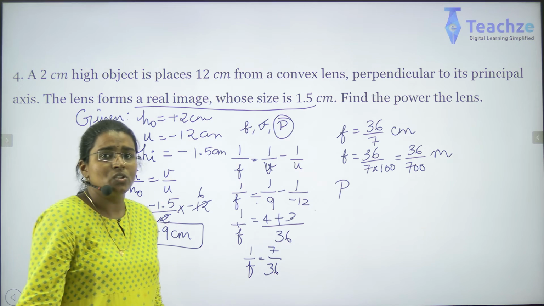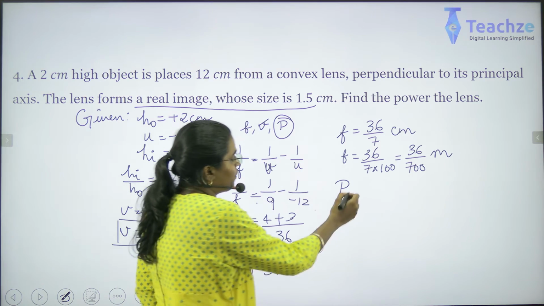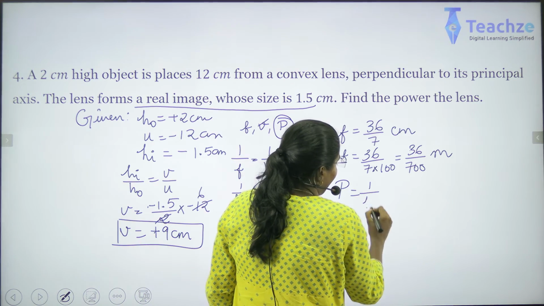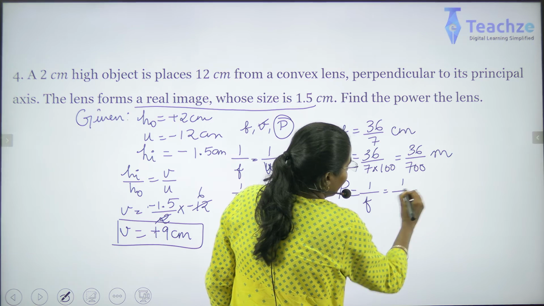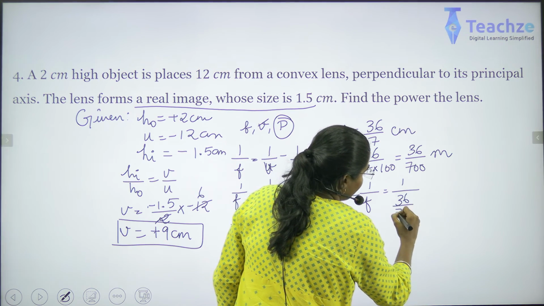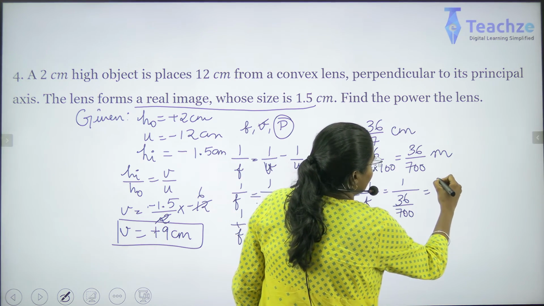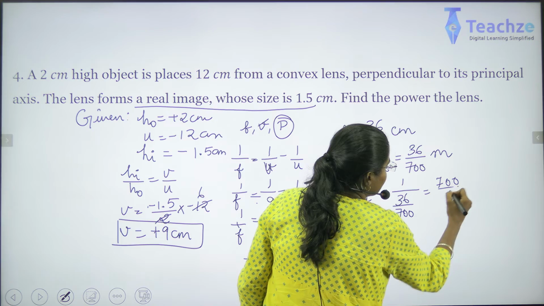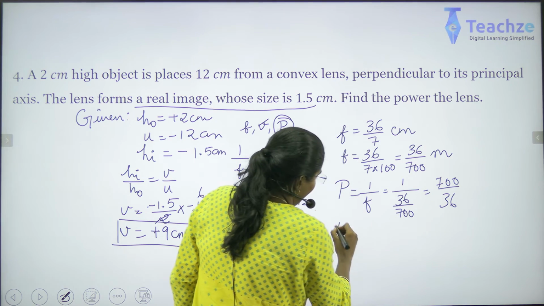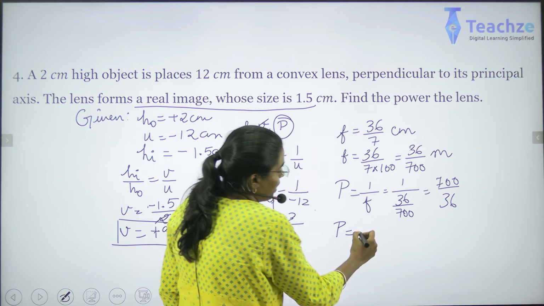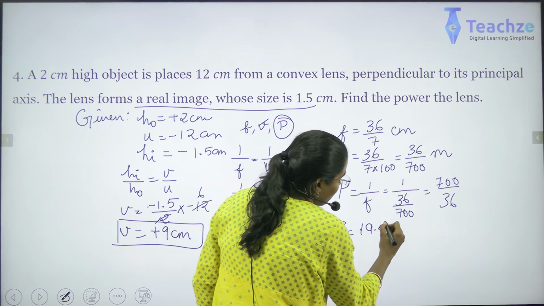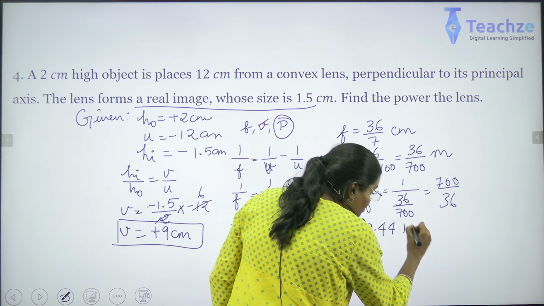So what is the power of lens formula? P is equal to reciprocal of the focal length. Good. 1 by F. So 1 by 36 by 700. This will be 700 by 36. And power of lens will be around 19.44 diopter.